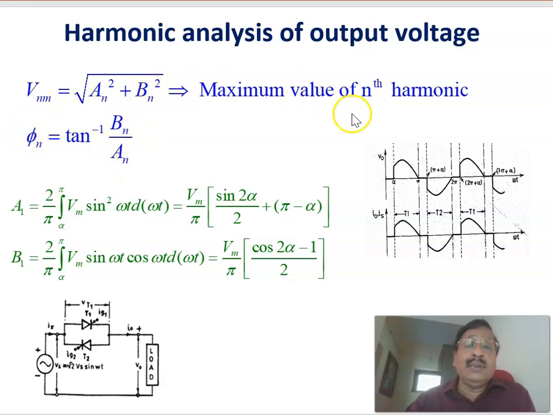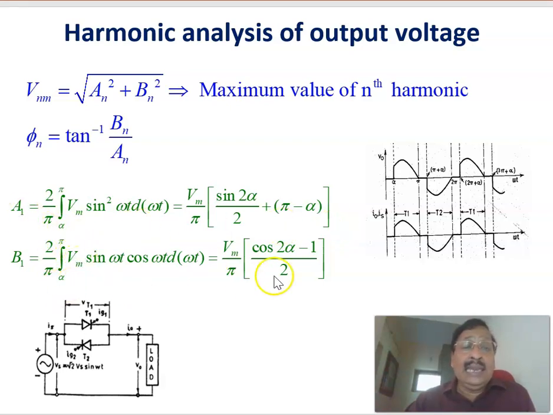Now, for example, if you are calculating the maximum value of the fundamental, you put n equal to 1, and the corresponding constants are A1 and B1. A1 is equal to, from the same equation, 2/π ∫ from α to 2π of Vm sin² ωt d(ωt), which gives Vm/π [sin 2α/2 + π − α]. Therefore, this is the Fourier constant A1 for the fundamental.